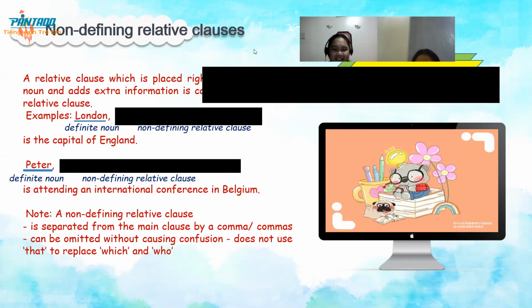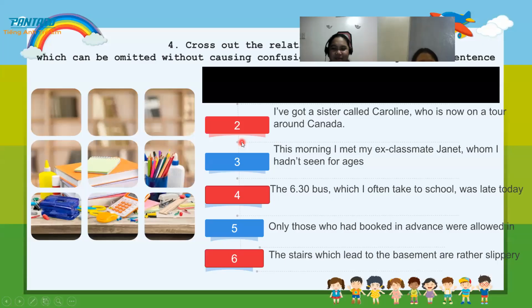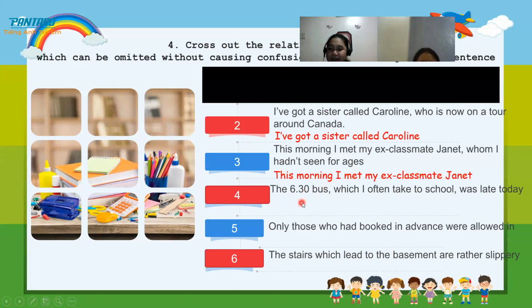Did you get it? Okay. Can you go back to the exercise? So we are now in number 4. Again, the half past 6 bus, comma, which I often take to school, comma, was late today.